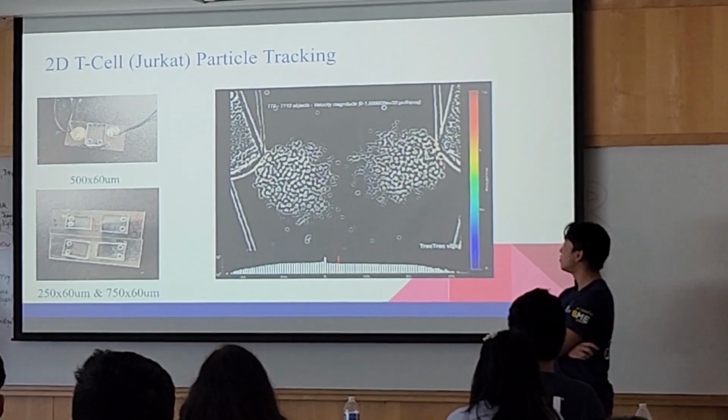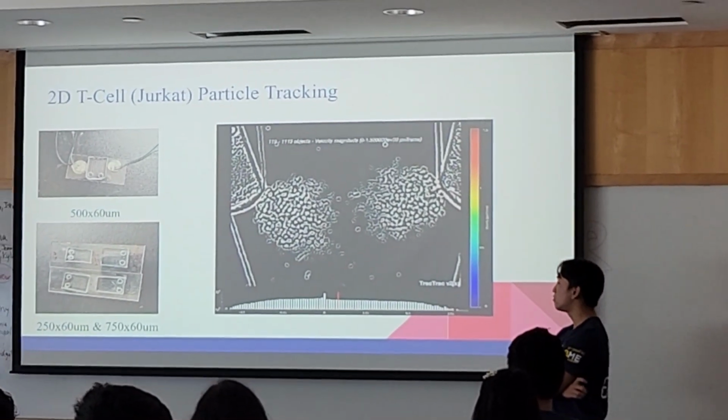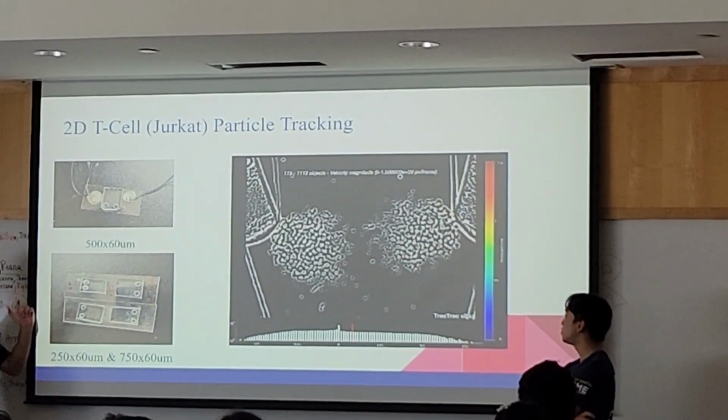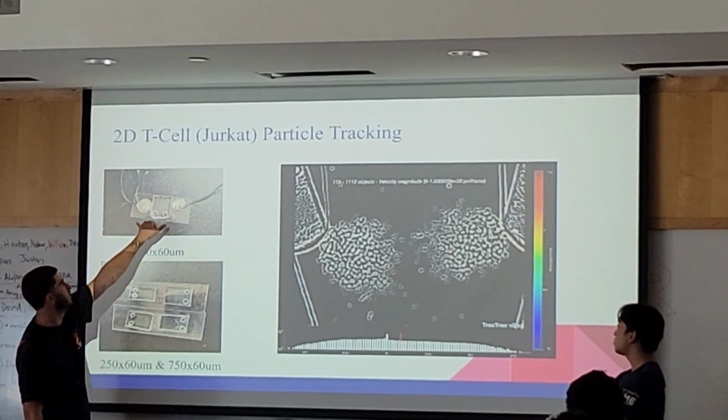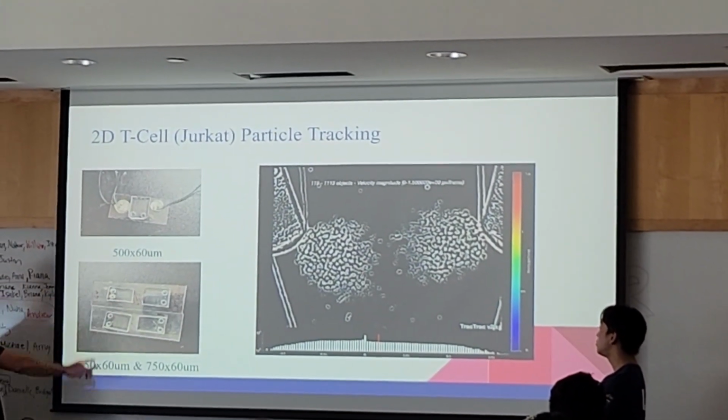For the first part, we did the 2D T-cell particle tracking. At the top, it's the chip that we used throughout the system, and these are the PZT, the side ones, allowing for the circuits to go through. And we have the different dimensions.